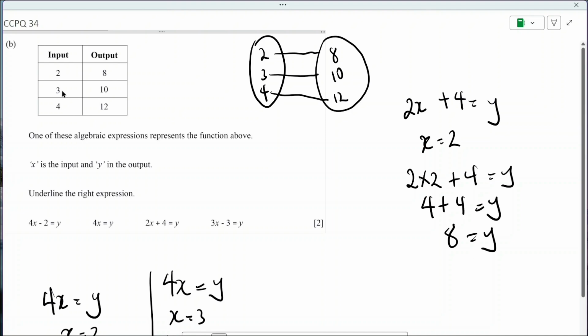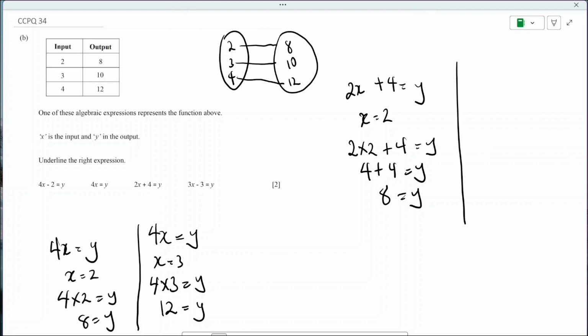You can then try the second one to see if this works. And if possible, if you have time in the exam, you can try the third one also. But once you can get the first two correct, you are most likely correct. So let's try when x is 3. Are we going to get our output as 10, or y as 10?